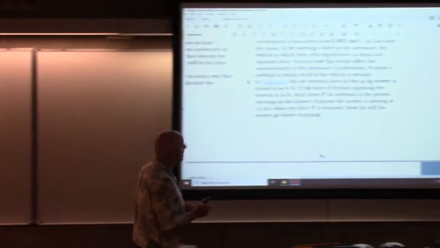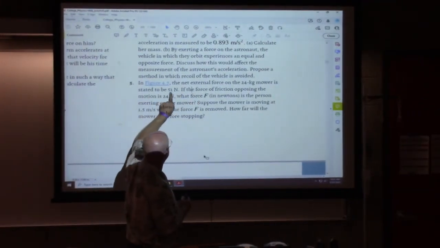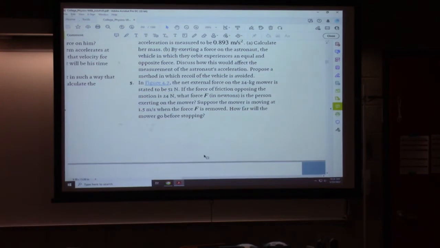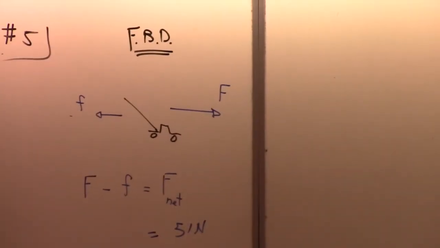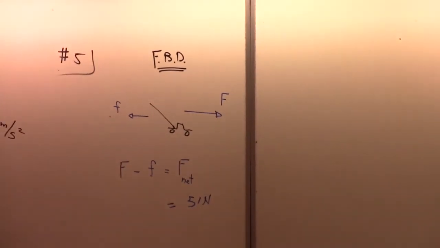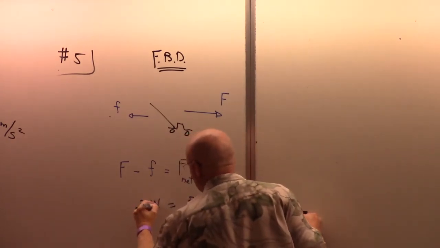When they say here, the net external force is stated to be 51. So the one they're giving me here is 51 newtons. Then it says the force of friction is opposite of the mower, and it's 24. So that's opposite, which is why I put the negative here, and then I put the 24.